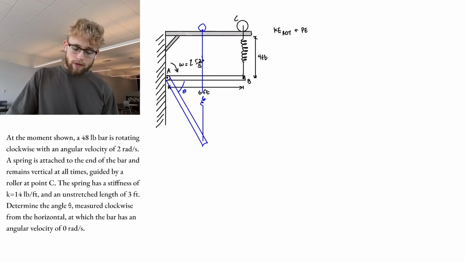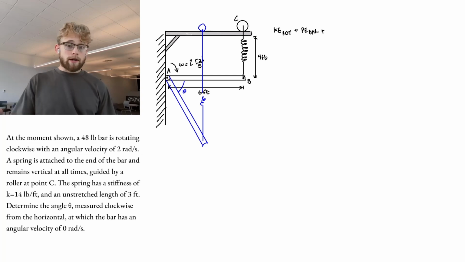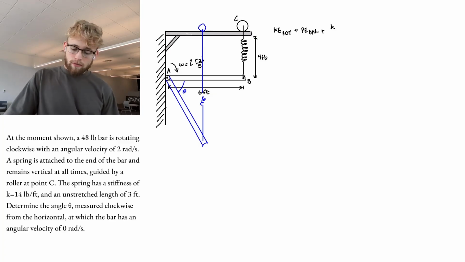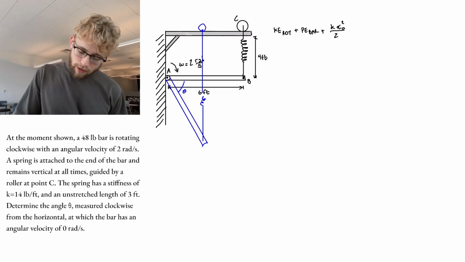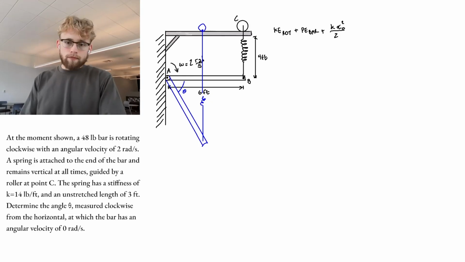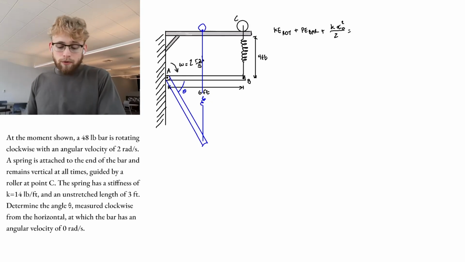So I'll say PE bar, plus whatever energy is held inside of the spring. So we have K times X squared over 2. Let's go ahead and make that an X naught. Okay. Is equal to, what's our end system going to look like?